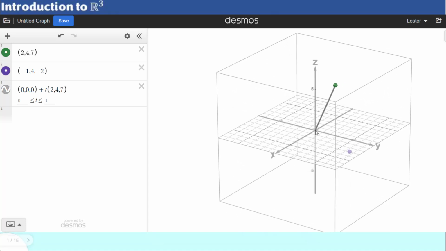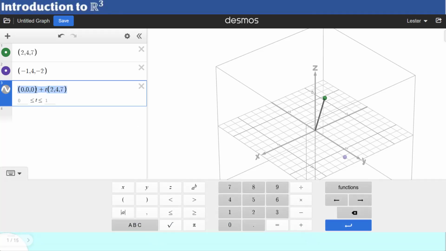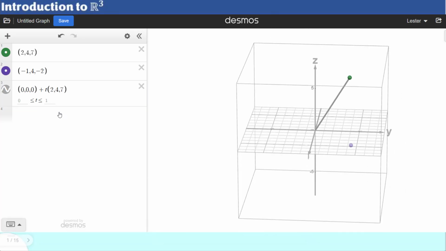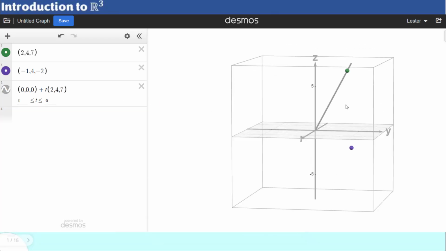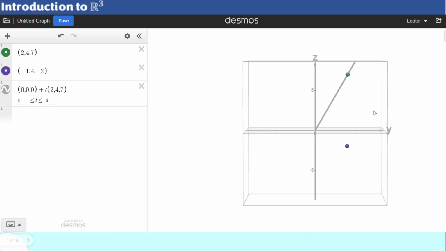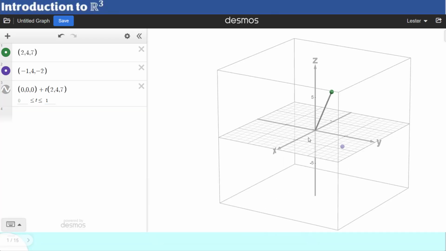It started with our origin here, and this is how we have written any form of a line with a combination in terms of P plus our vector. But since we're talking about t here just for the unit vector, we'll have that. If you want to have a longer line, of course, let's say t is 6 or even longer than that, you would see that it is even longer. But until 1, just for the unit vector, would stand for the point itself. This is the vector supposedly.